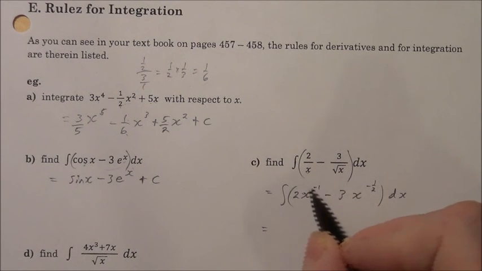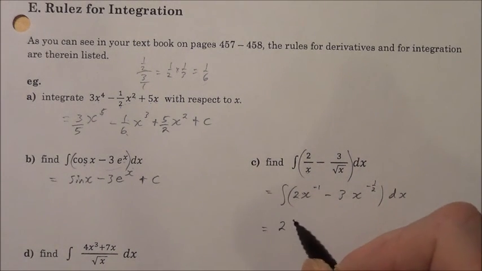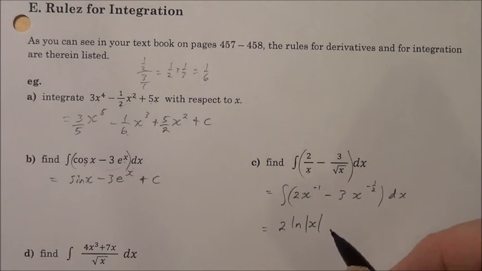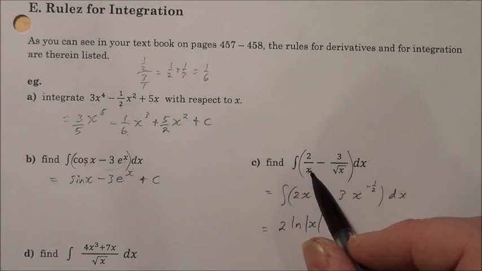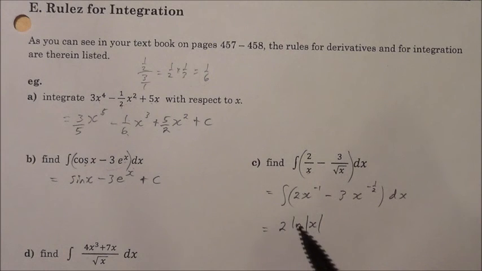So the integral of 1 over x, here we have the 2 in front, so 2 times 1 over x, just becomes 2 times the natural logarithm of the absolute value of x, which is the modulus of x. Anytime you want to find the integral of a reciprocal type of function, it's always going to be the natural logarithm of the absolute value of x.